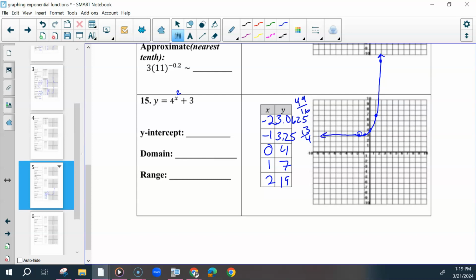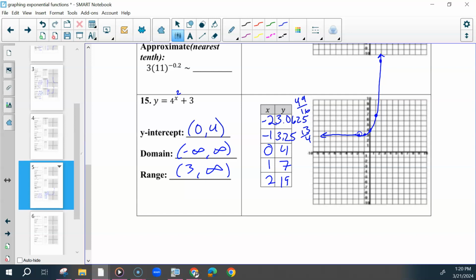If you were looking in the table, that +3 did something. It moved the whole graph up. So the y-intercept is now 0, 4. Domain is still the same. But the range starts at 3 and keeps going up.